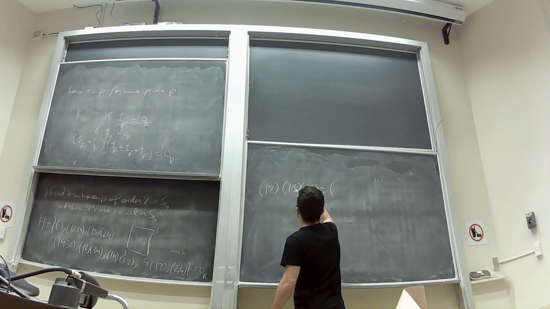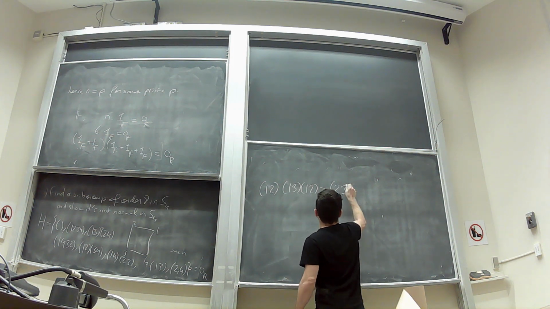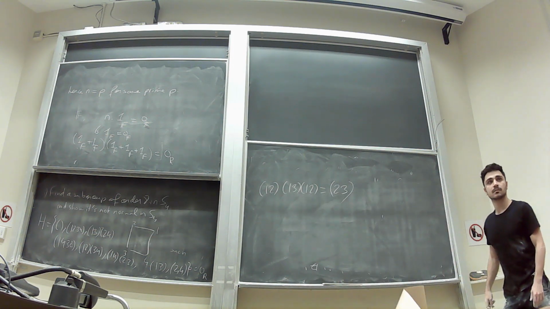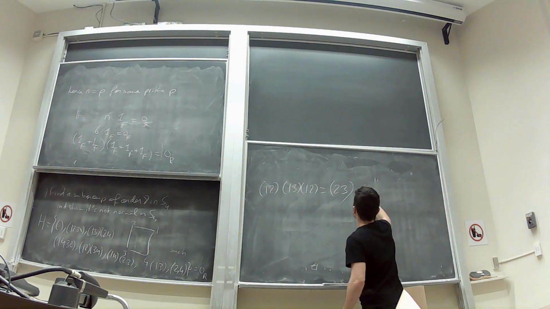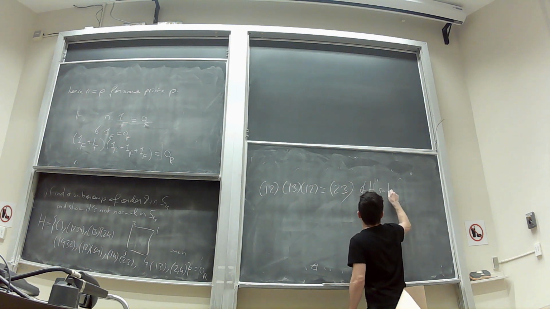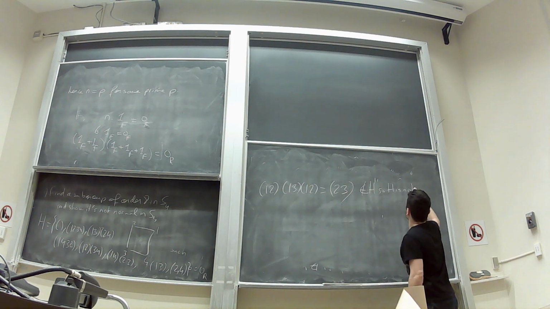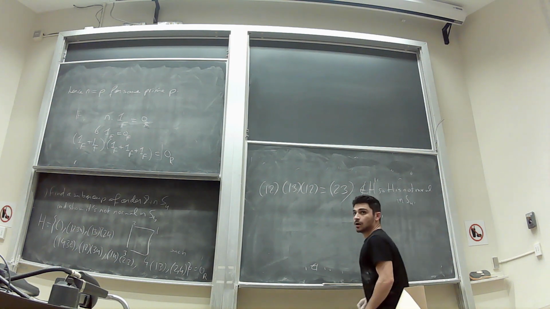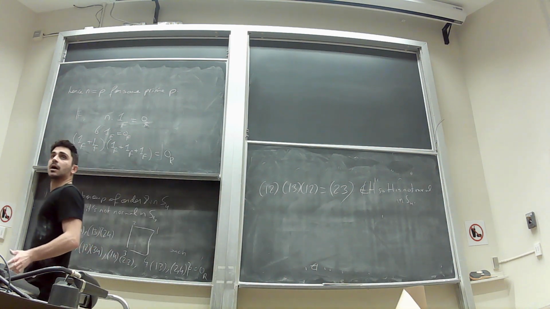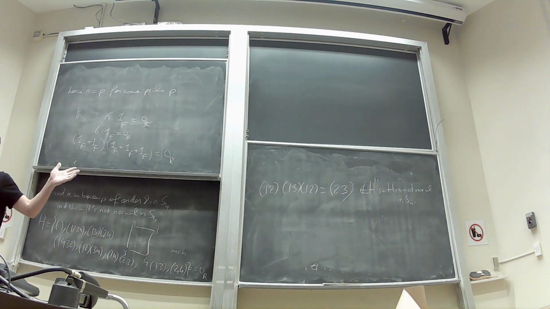So 2 is sent to 1, 1 is sent to 3, and 3 is sent to 2. This is (2 3), right? And that doesn't belong to H. So H is not normal in S4. Okay? Agree? So far so good?